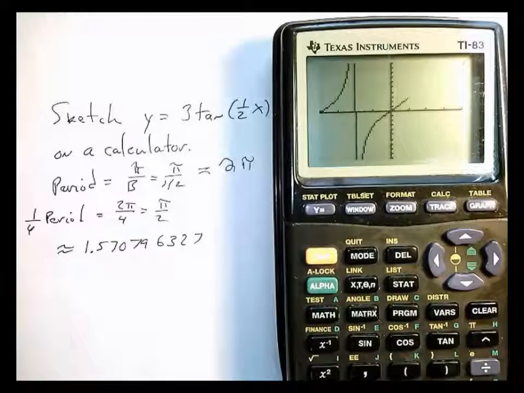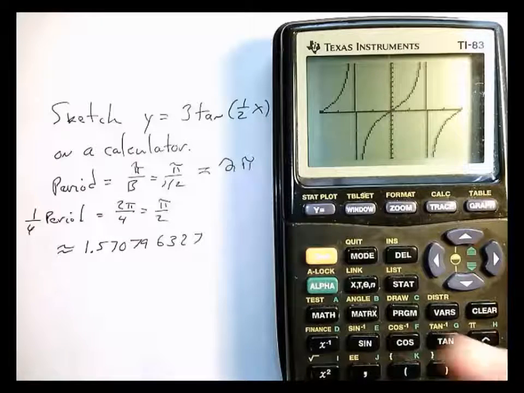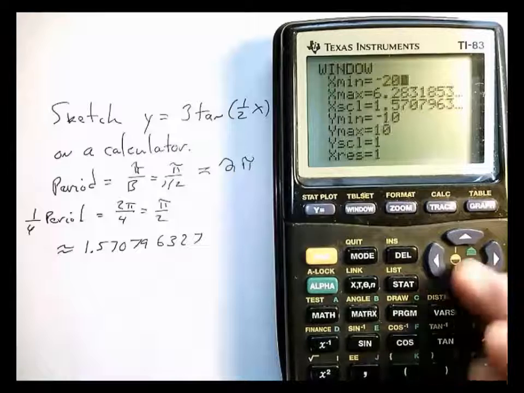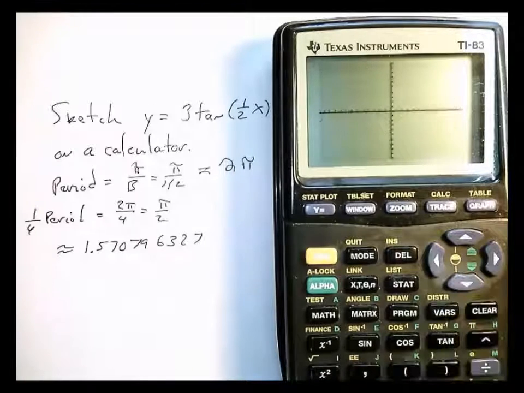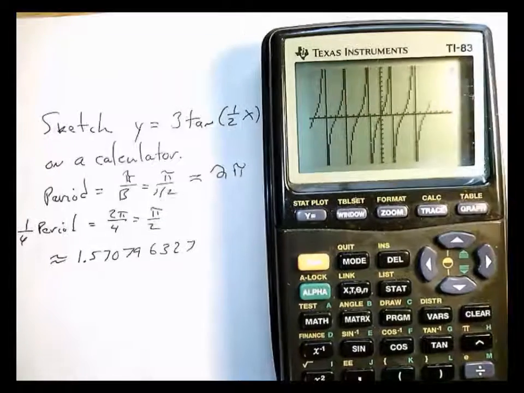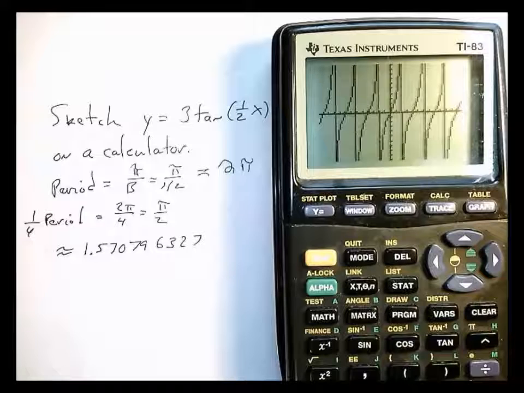Well, I just graphed this, but I wanted to change my window here and say, what if I go from, say, negative 20 to 20 on my x's? Then you can see that we have all these periods of this tangent function there going on.